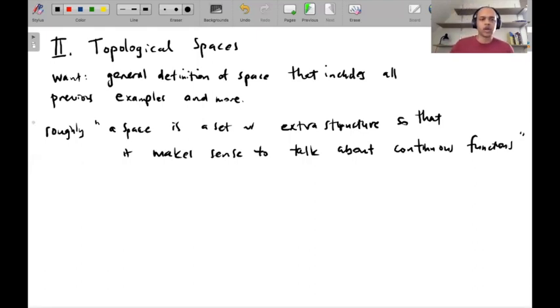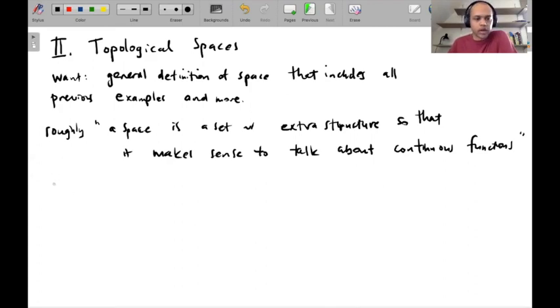Okay, so I want to lead up to the definition of a topological space. But before we get there, let me remind you the definition of continuity from analysis.